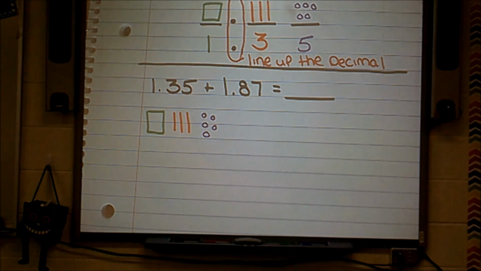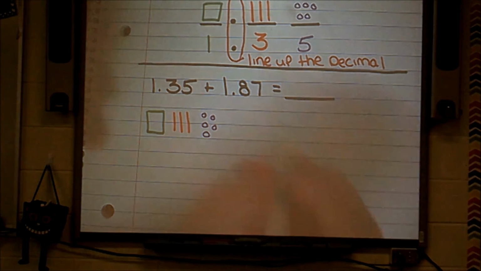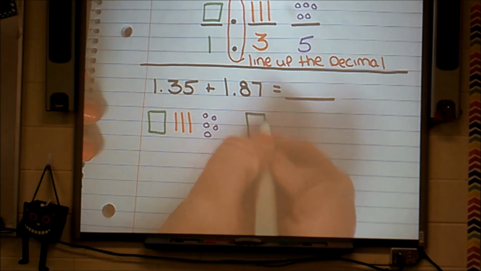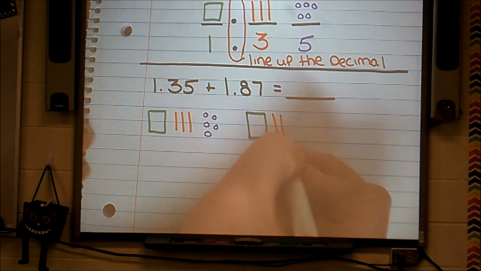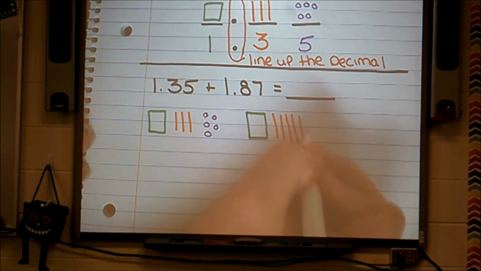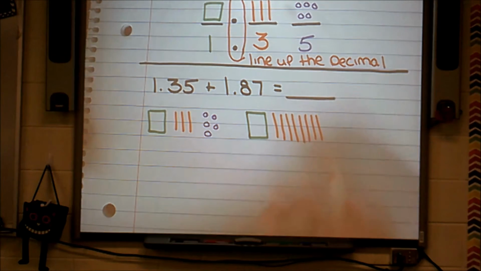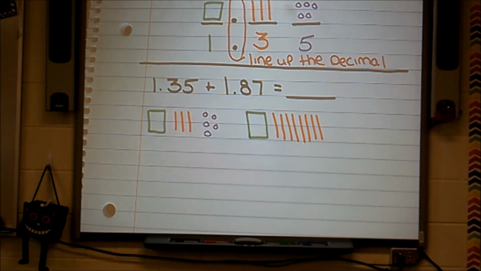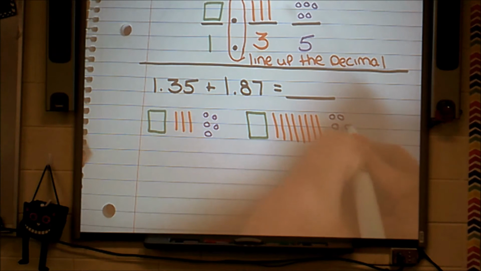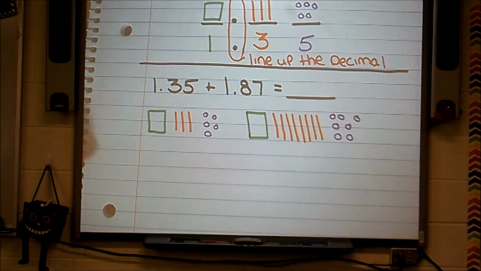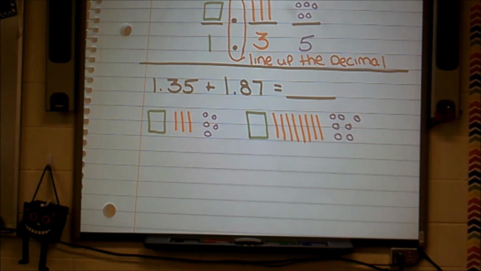Plus, I have an additional 1 whole, an additional 8 tenths, and an additional 7 hundredths. So that would be my picture representation.